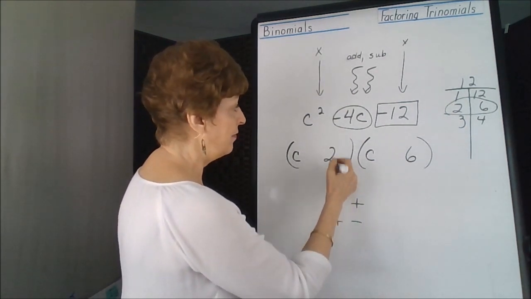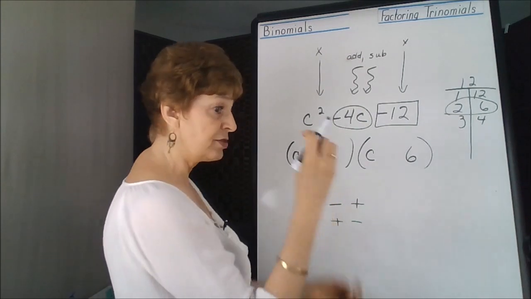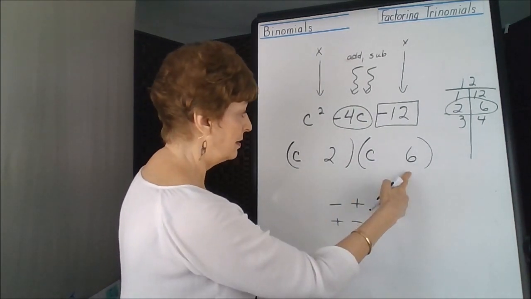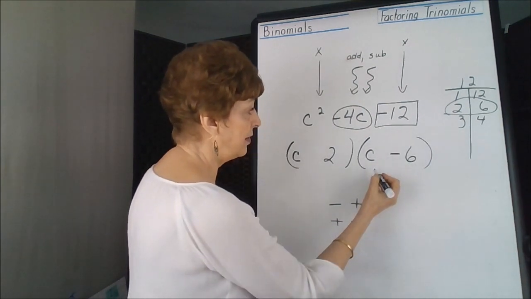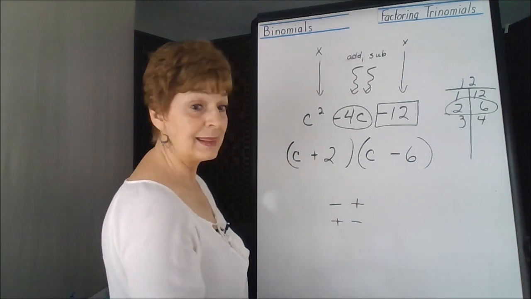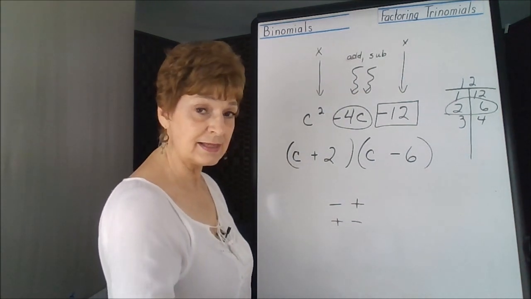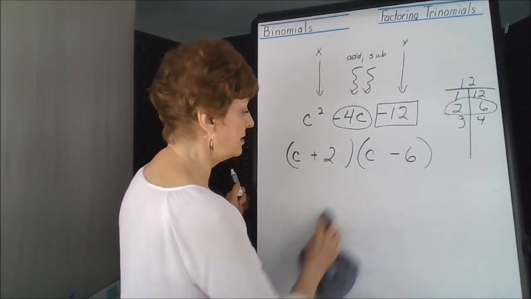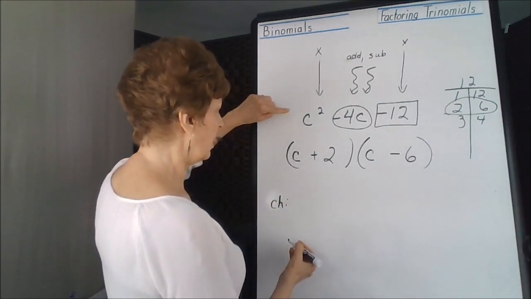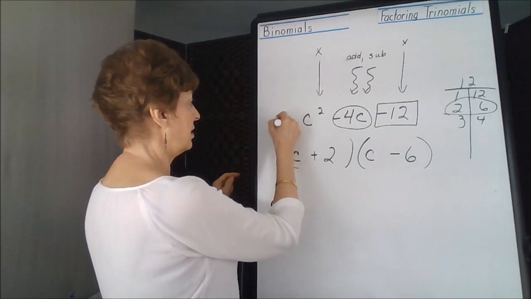So if I have a negative, the larger number has to be negative because I'm working with a 2 and a 6. So this has to be my negative value. This has to be my positive value, I think. Okay, so now let's take a check of this. We're going to just run a check to make sure that we're going to get this when we're all done.